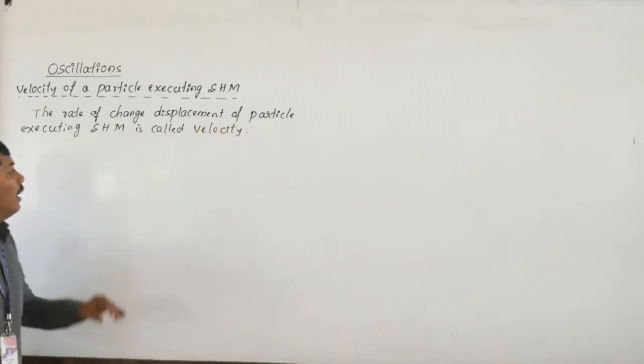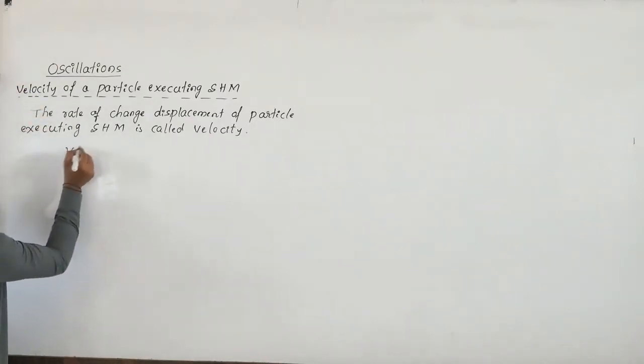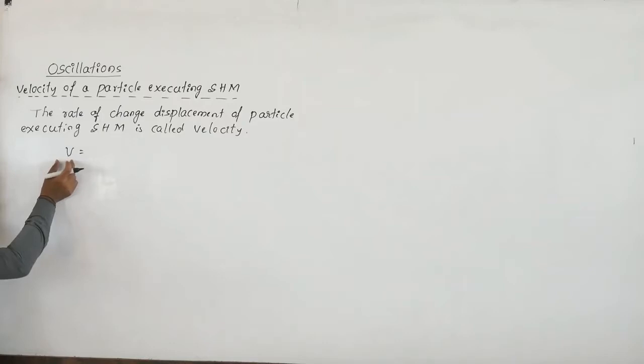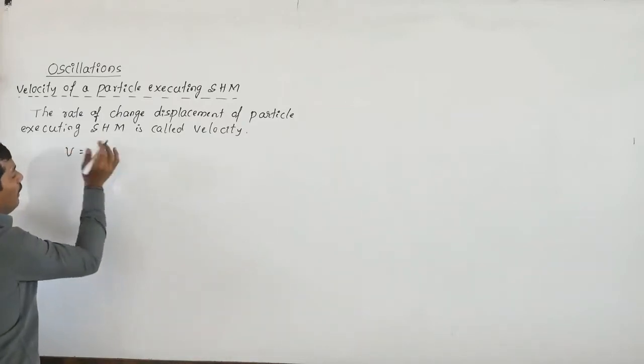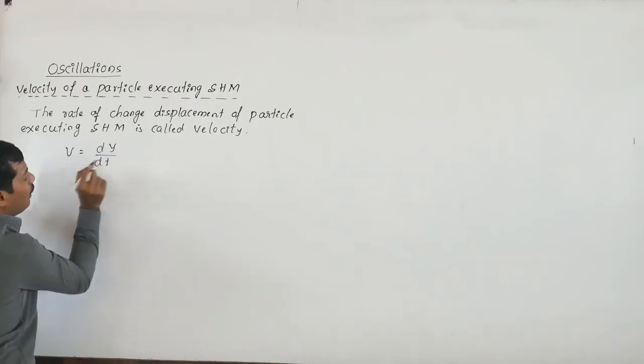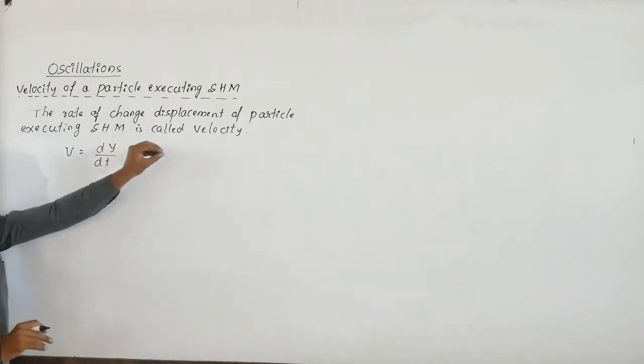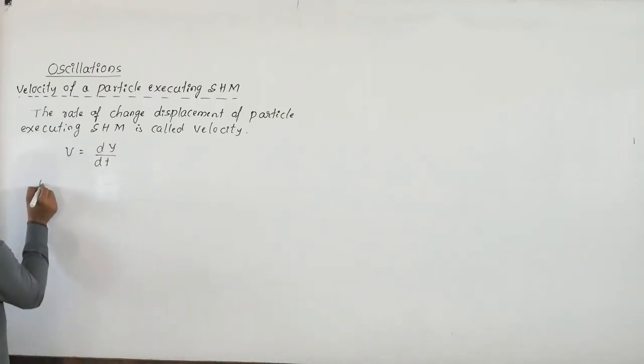Now, according to its definition, the velocity in terms of capital V is equal to dy by dt, where y is the displacement of a particle executing simple harmonic motion.